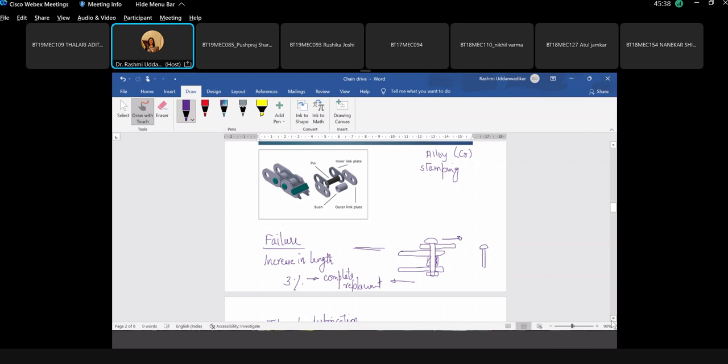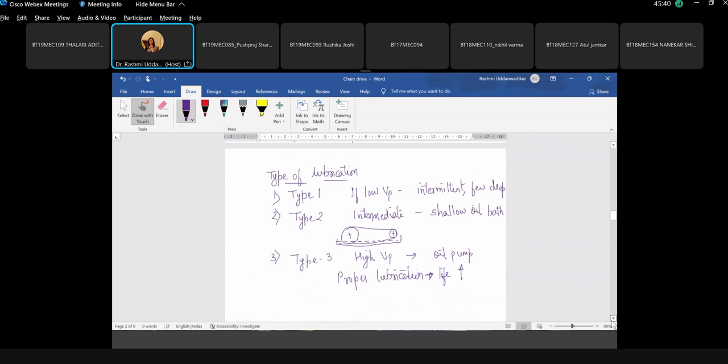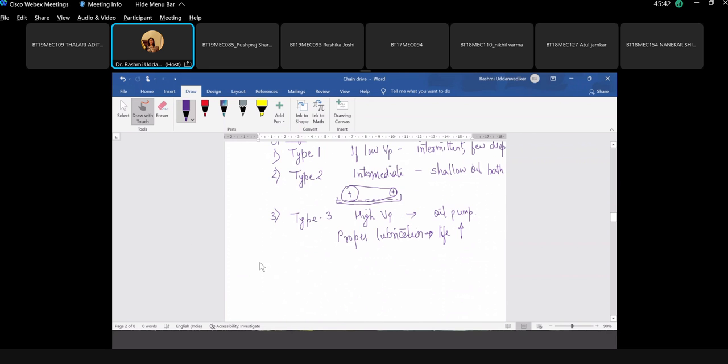Now while we are calculating the number of links, we have to make sure that the number of links is always even, because the design in the top view is like this.